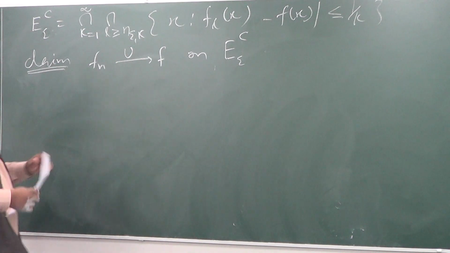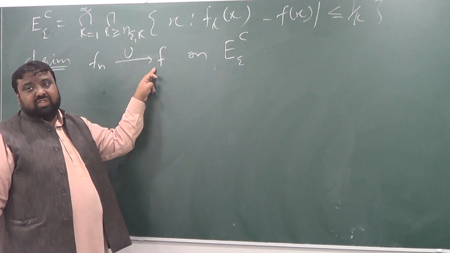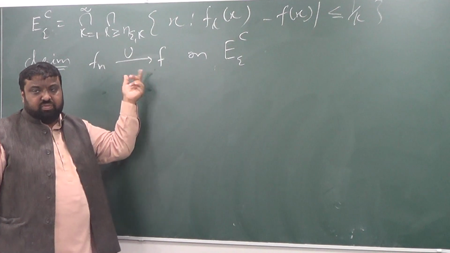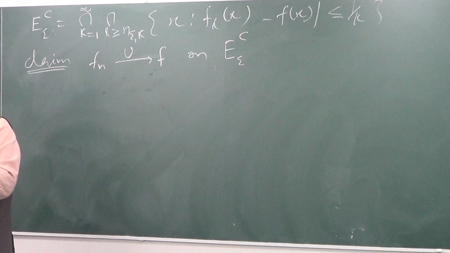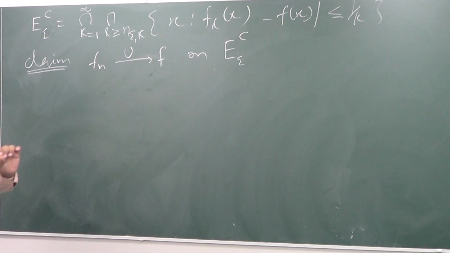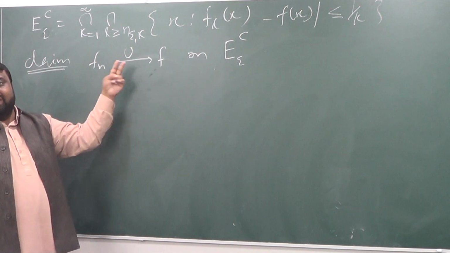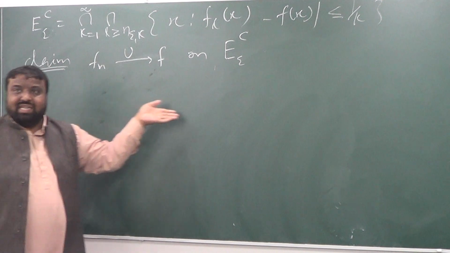What would be the meaning of uniform convergence? The meaning is that for a given epsilon, I can make the supremum of their pointwise differences less than or equal to that given epsilon.